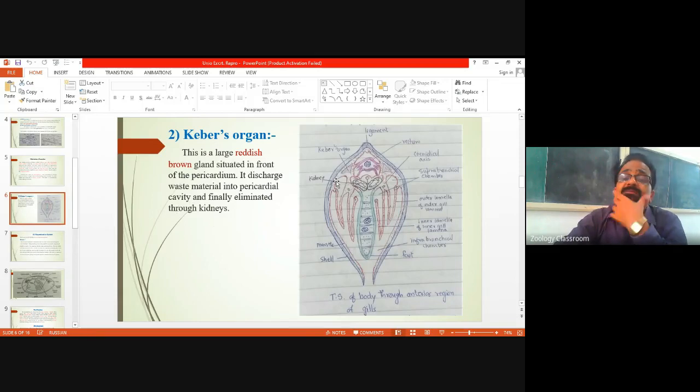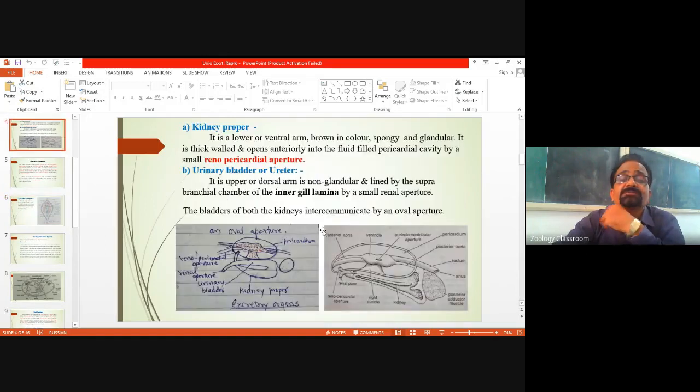Why is the pericardium playing an important role, or how does the pericardial fluid having nitrogenous waste products get excreted? Because there is an aperture called the renopericardial aperture, which is present in the pericardium, isn't it?